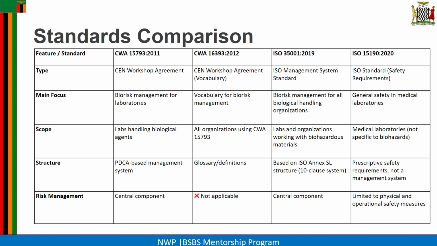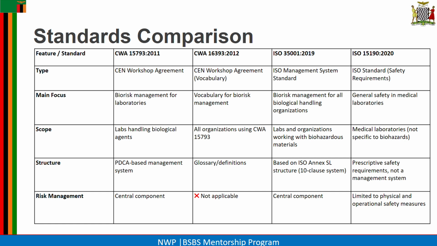So what's the main focus? For the CWA 15793, it is mostly biorisk management for all laboratories, and for 16393, vocabulary, so it's mostly interpreting what 15793 is talking about.